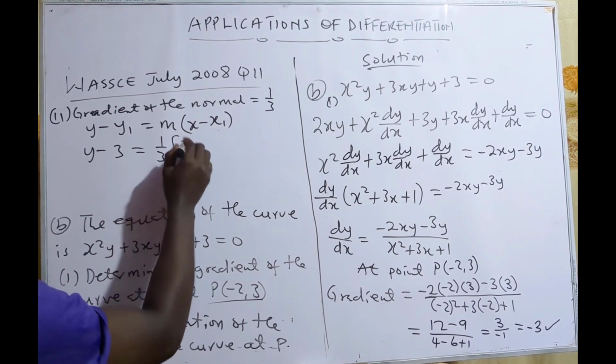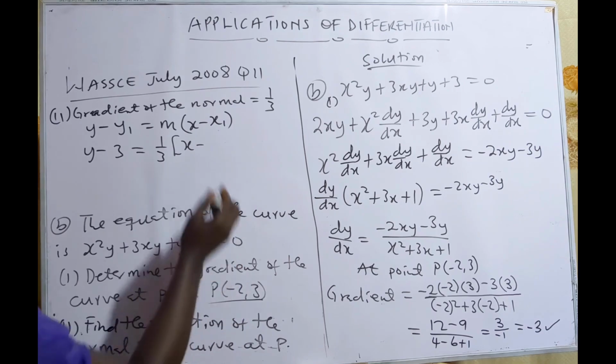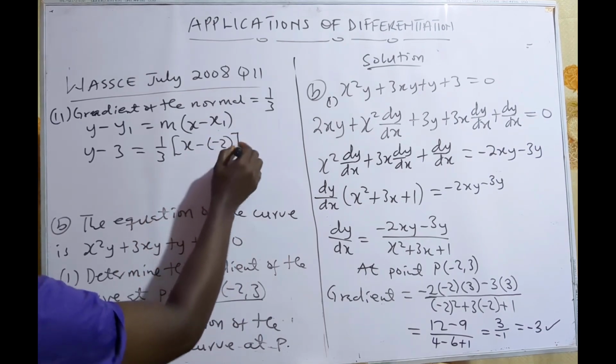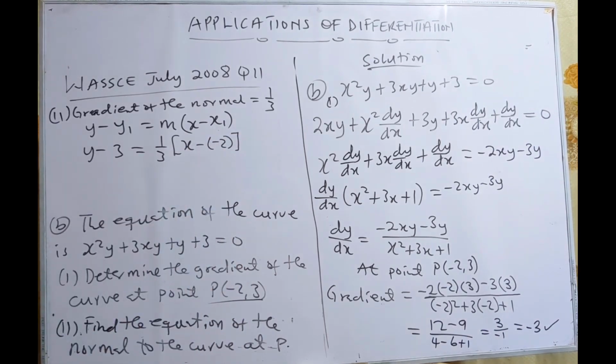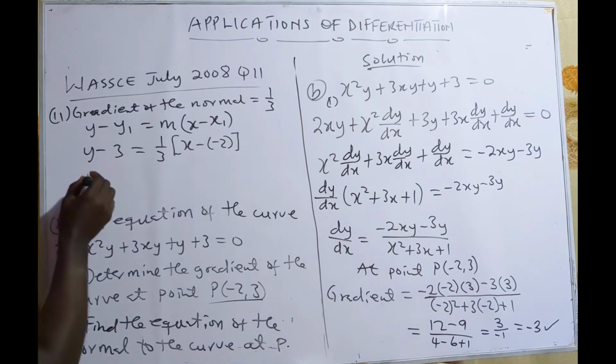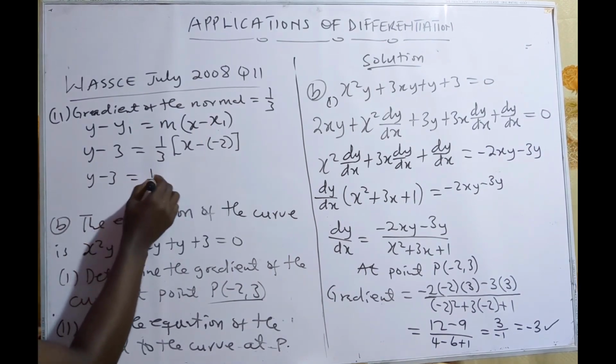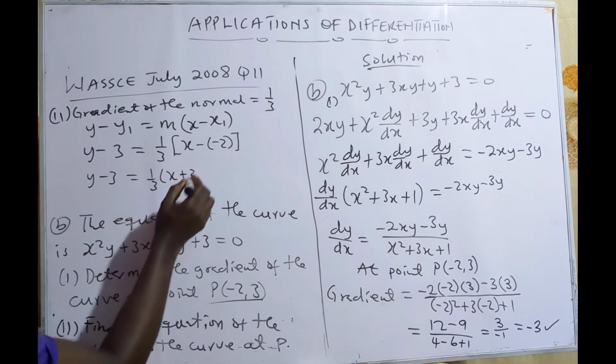Then x minus what? -2. Alright, so -2 is the value of the x. Alright. So we have y minus 3 equal to 1/3 x plus 2.